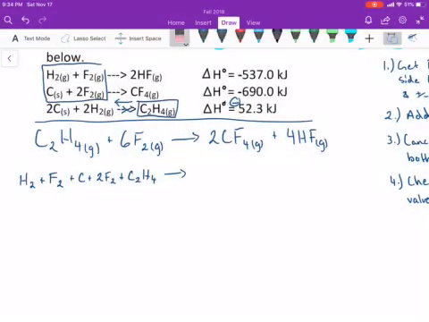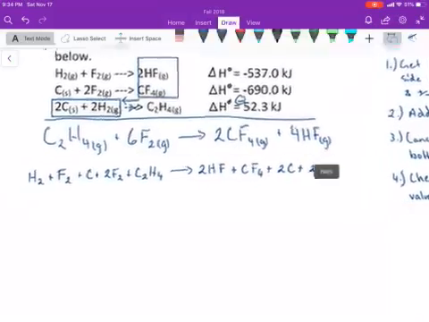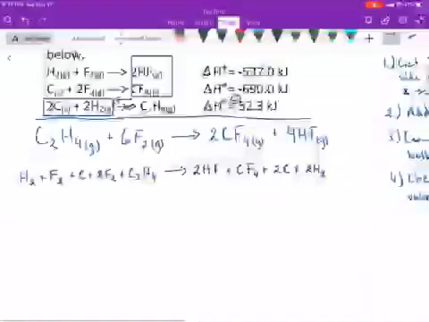Now we're going to add up all of the products. So remember, this is the product now, and then these two, okay? So we have 2HF plus CF4 plus 2C plus 2H2. Okay, so we added that up, but don't move on to step 3 yet.